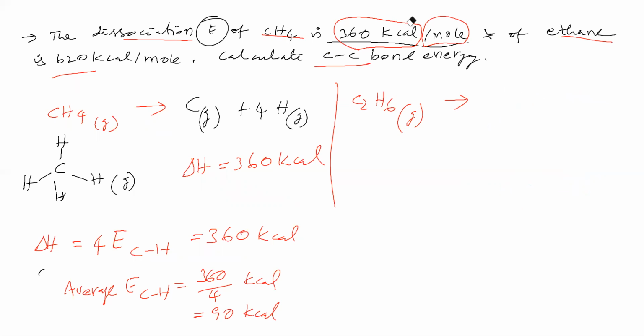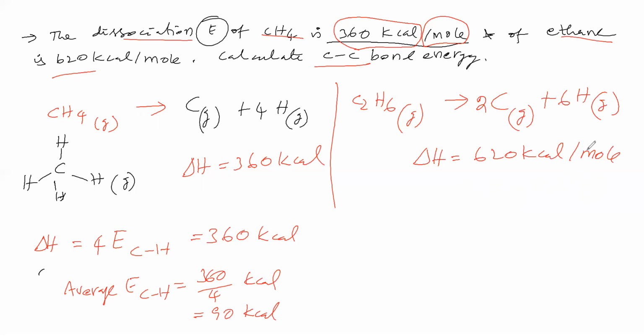So in this dissociation of ethane, on purpose we are taking one possibility. The remaining possibilities we are neglecting. So ethane gas on dissociation gives gaseous carbon atoms and gaseous hydrogen atoms. For this process, delta H is 620 kilocalories per mole.